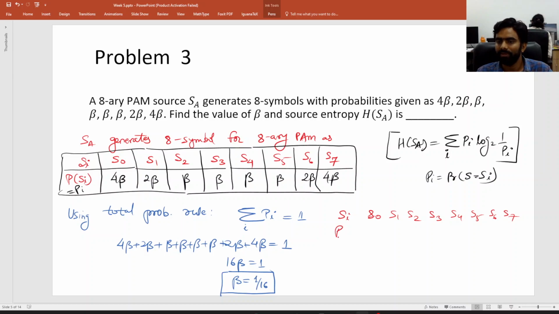So Pi would be 4 beta, that is 4 by 16, which is 1 by 4. Clear? Then 2 by 16, 1 by 8. Then 1 by 16, 1 by 16, 1 by 16, 1 by 16, and again 1 by 8 and 1 by 4.